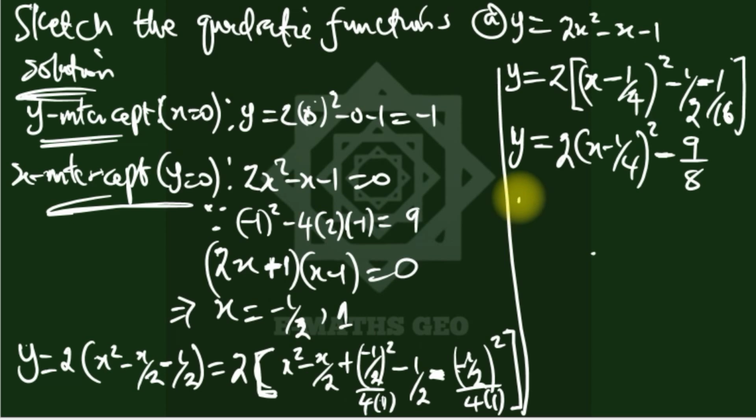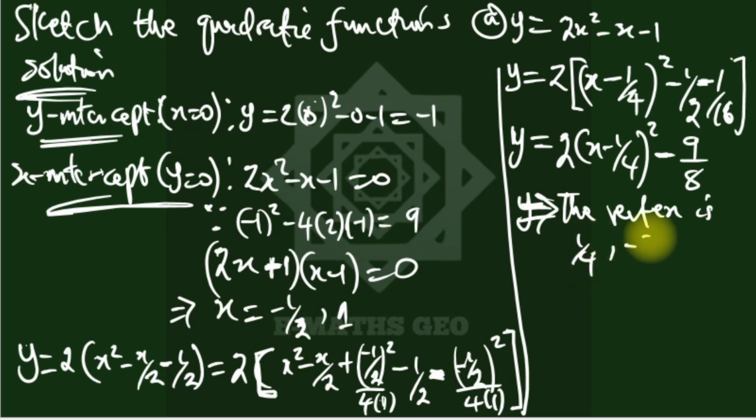So as you can see, we now have that, which implies that the coordinate of the vertex is 1 over 4 comma minus 9 over 8.